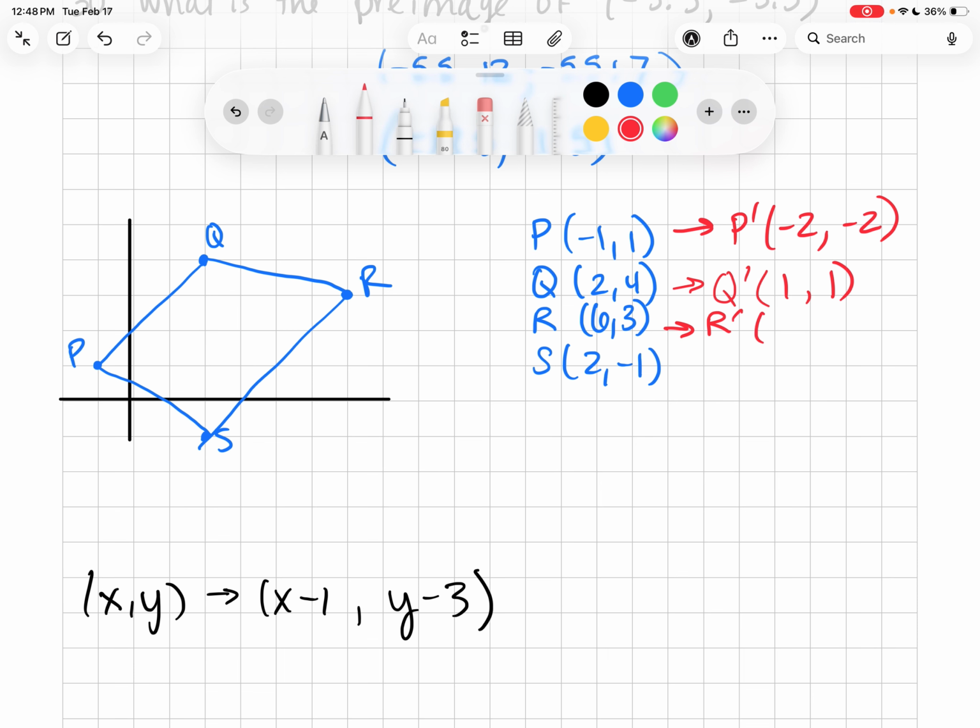R prime, 6 minus 1 is 5, and then 3 minus 3 is 0. And then for S prime, 2 minus 1 is 1, and then negative 1 minus 3 is negative 4.